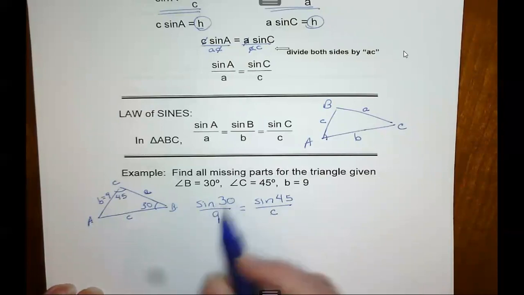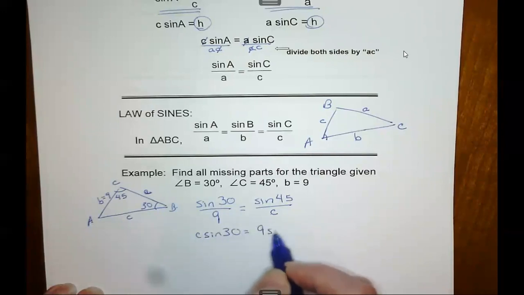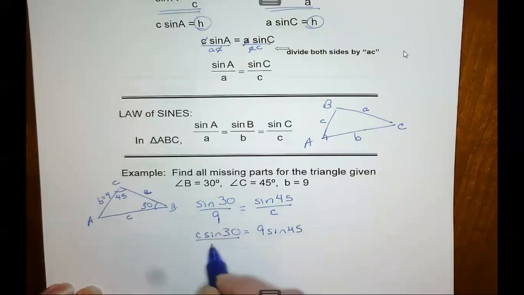We're going to cross multiply and solve. So C times sine of 30 equals 9 times sine of 45. All right, then we're just going to divide by sine of 30. And C equals, oh, hold on just a second. I got to go find my calculator.